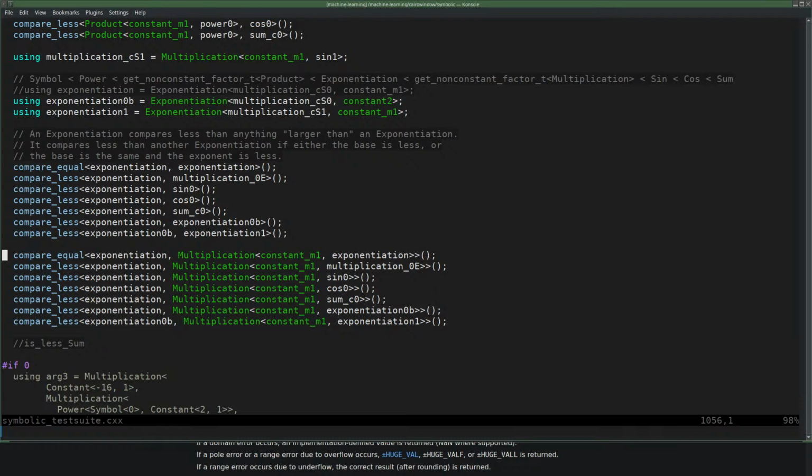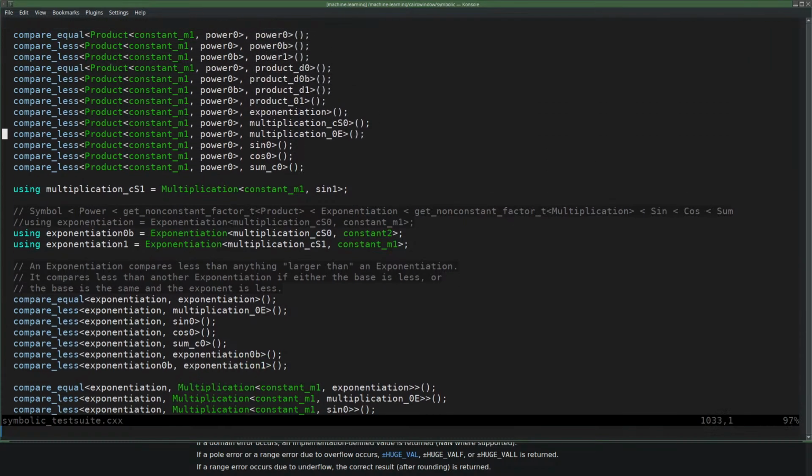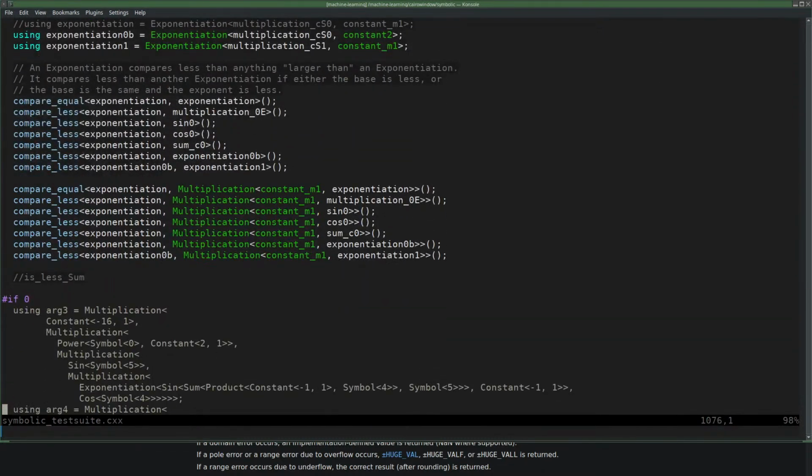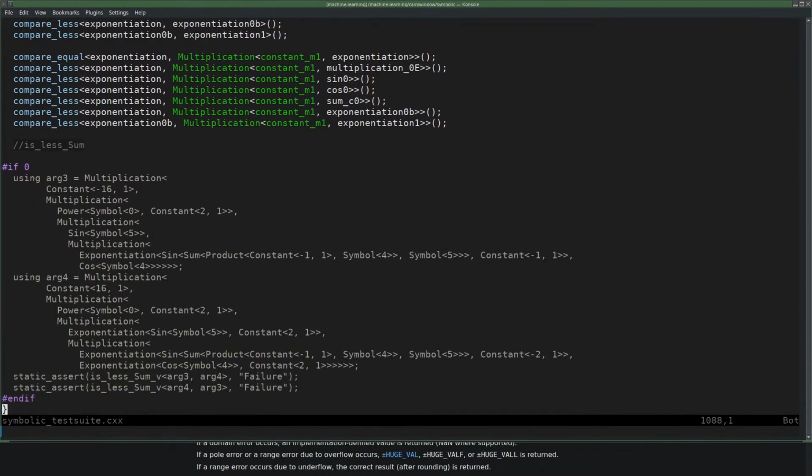So I did exponentiation with whatever. I'm not sure I tested everything, but probably enough to test the whole thing. To test everything. Let's test this for fun.